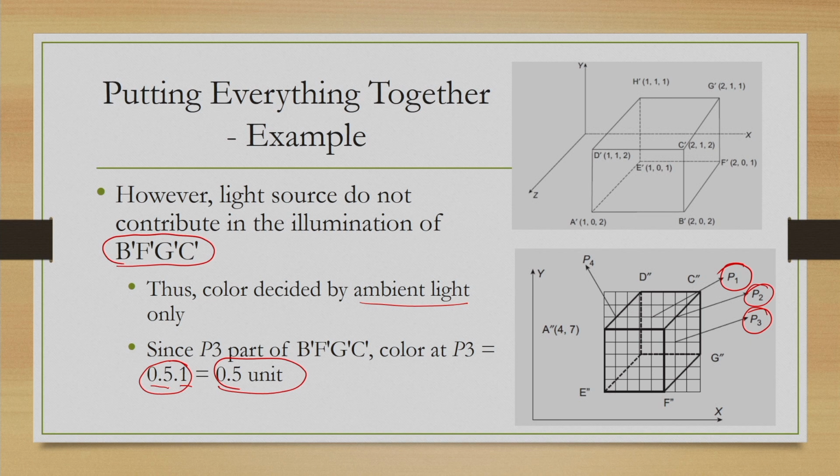Note here that we did not use the color model or the lighting model to compute values at P1 and P2. Instead, we computed the value only at B dash and used that to assign color to P1 and P2, and similarly we have done for P3.